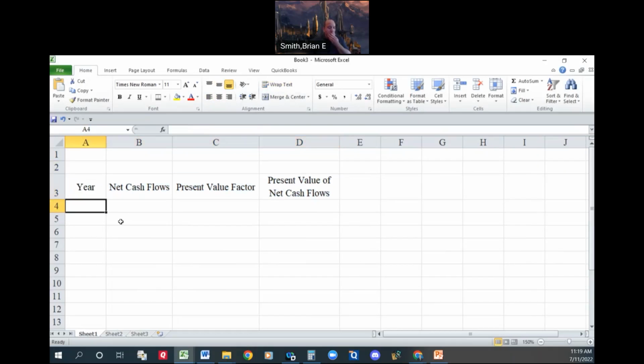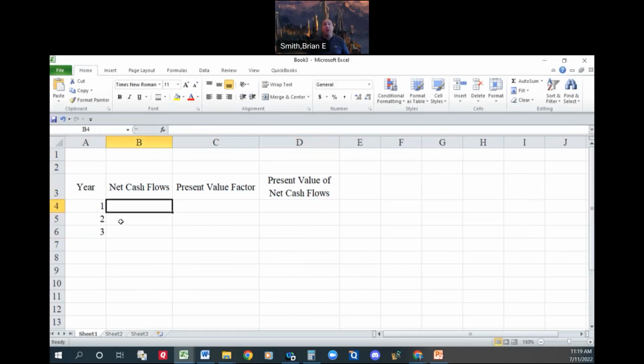You can set this up in different ways. You can set it across the years and have all this to the left. It doesn't really matter. The book wants you to go 1, 2, 3. We're going to do 3 years.